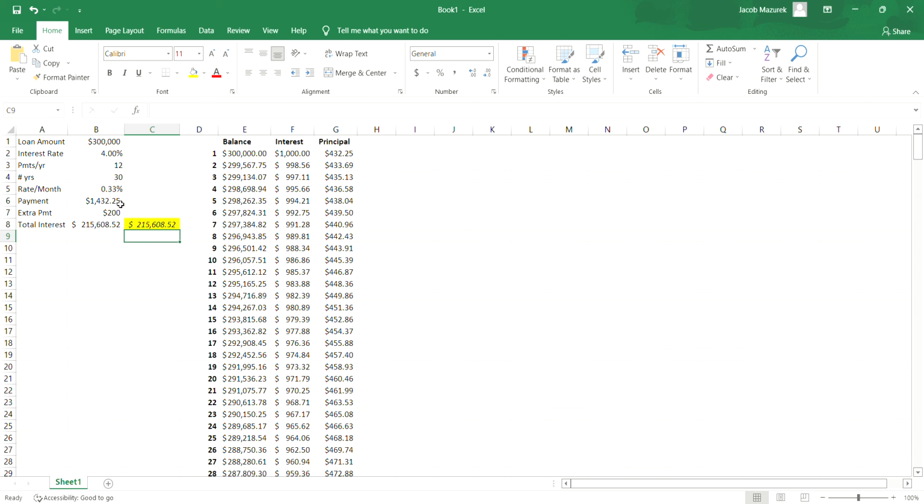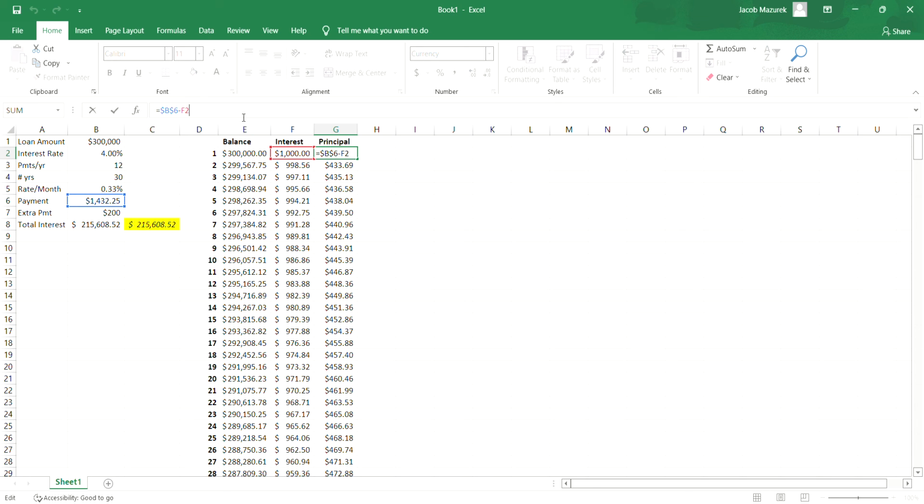So you've got your original interest payment, which is still based on the remaining balance, but with the principal, you actually want to do this plus this. So it would be 1632.25 minus your interest payment. So we've got to make a few adjustments.